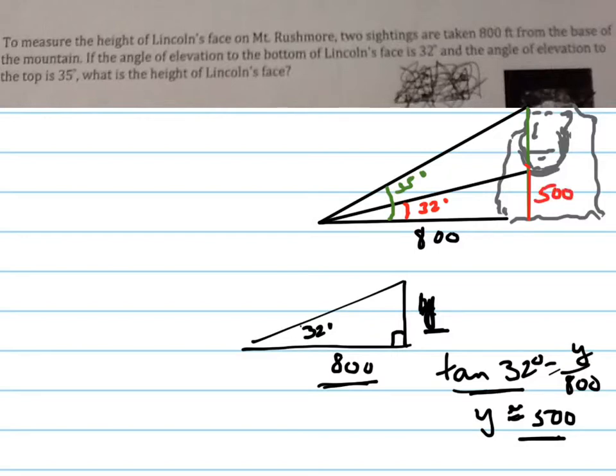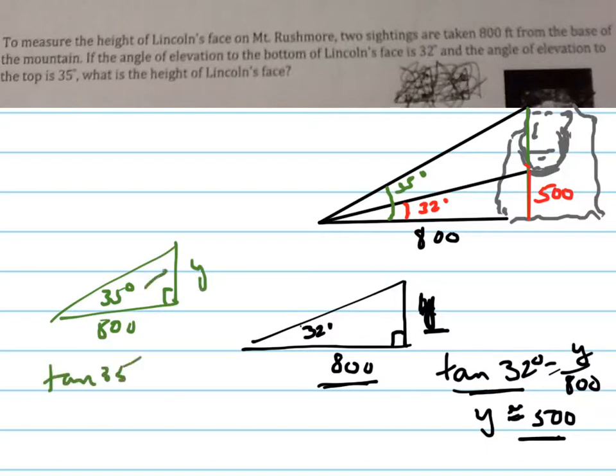Let's do the same thing for the green triangle now. This is 800 down here. This is 35 degrees right there. And so I need to find that y value and do the same thing. The tangent of 35 is the opposite over the adjacent.